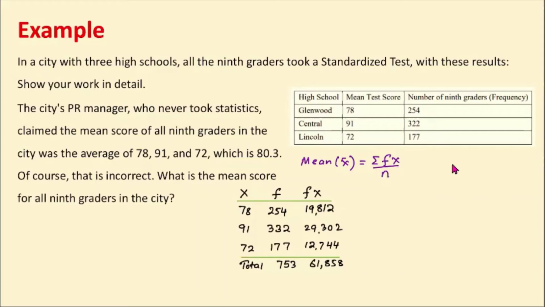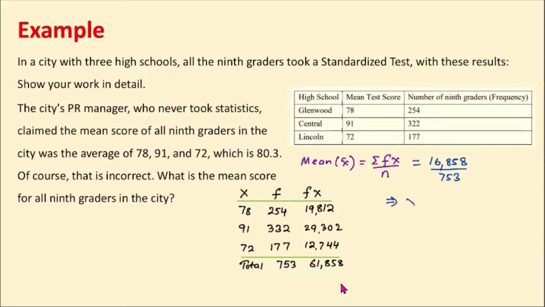So if we plug in, that will be 61,858 divided by our n, which is 753. That's the total number of students.